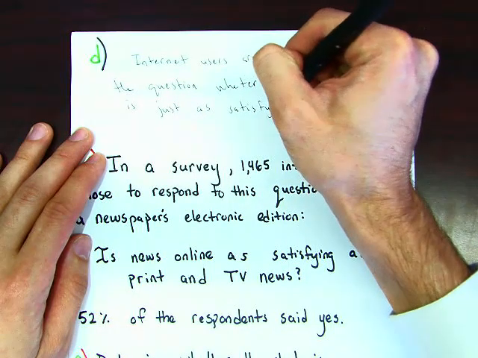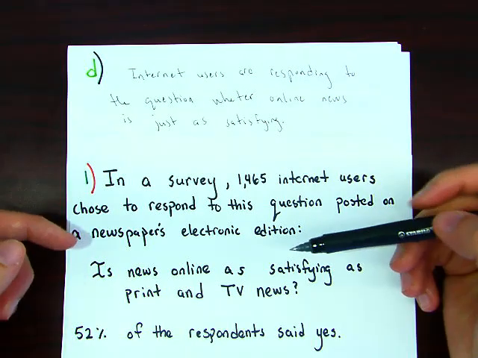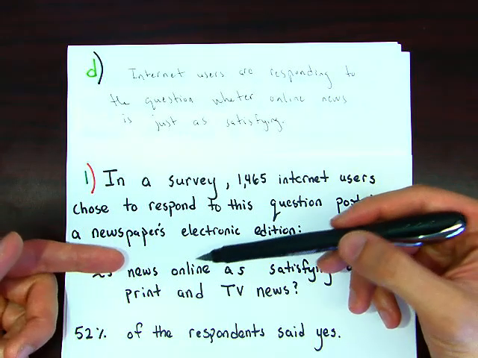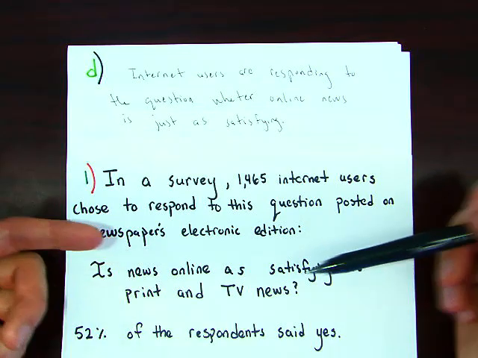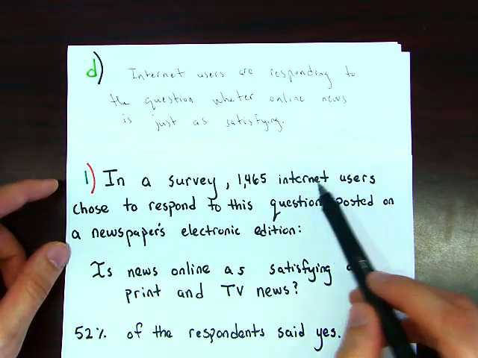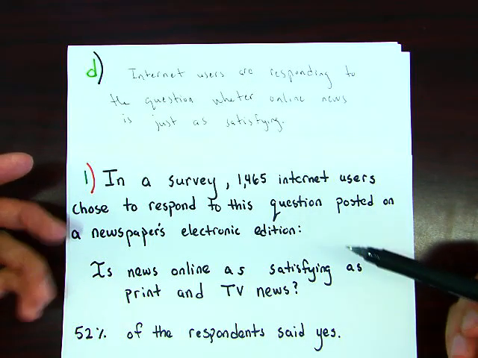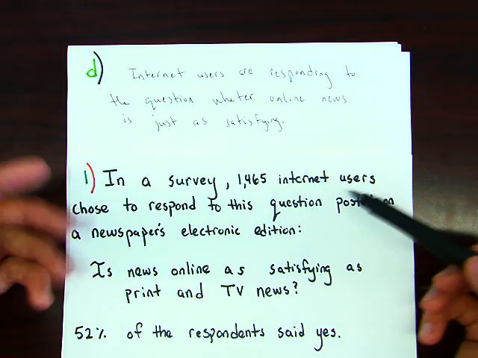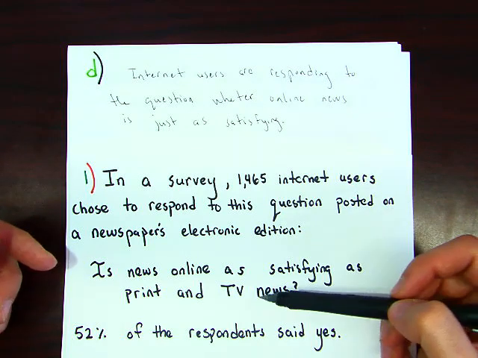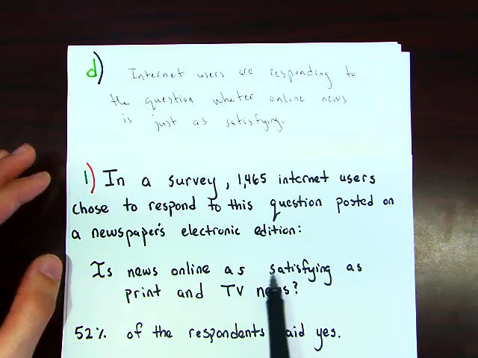So there's a bias here, because if the question is asking whether online news is better or more satisfying than print and TV news, and you're asking people who are already on the internet, there's some sort of bias within that. If you had asked someone who doesn't go on the internet whether online news is just as satisfying, they probably wouldn't say yes.